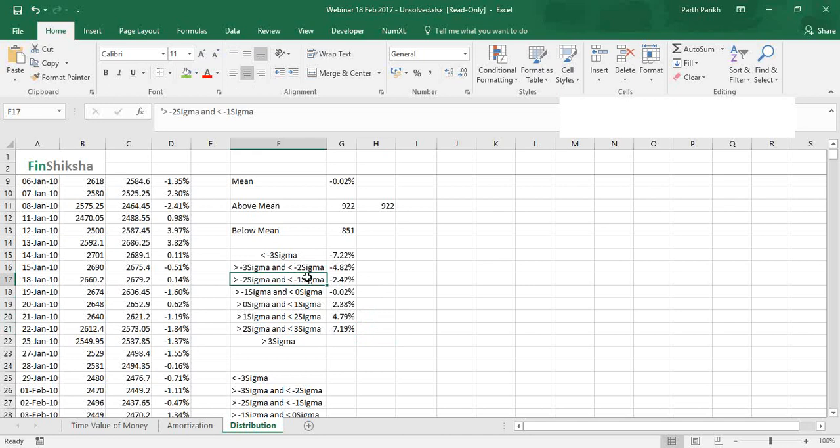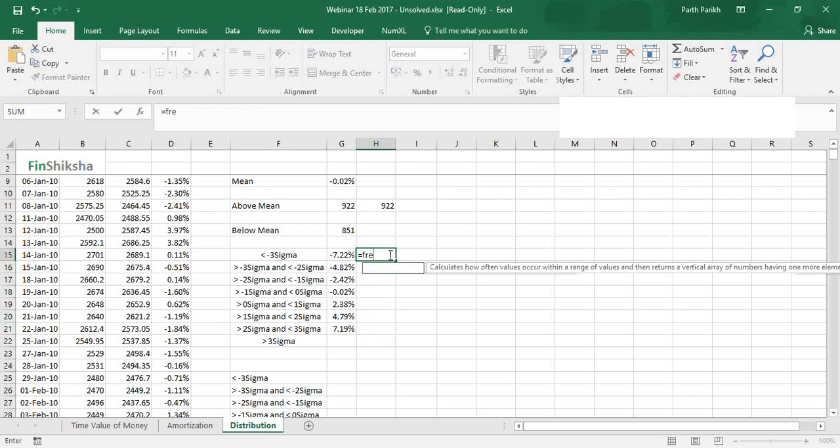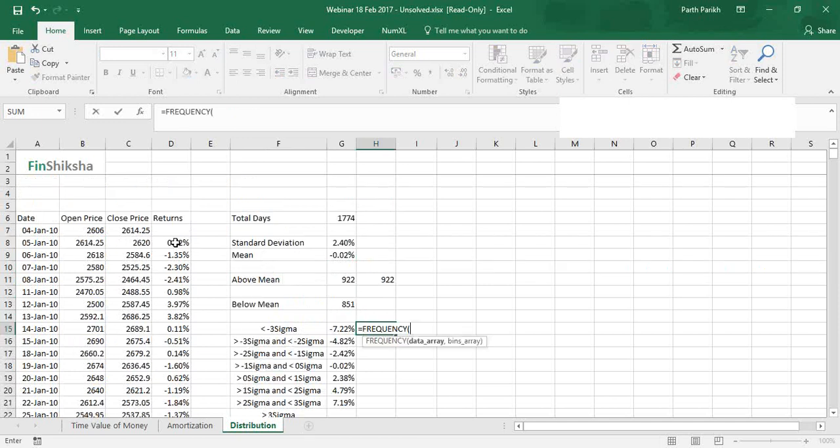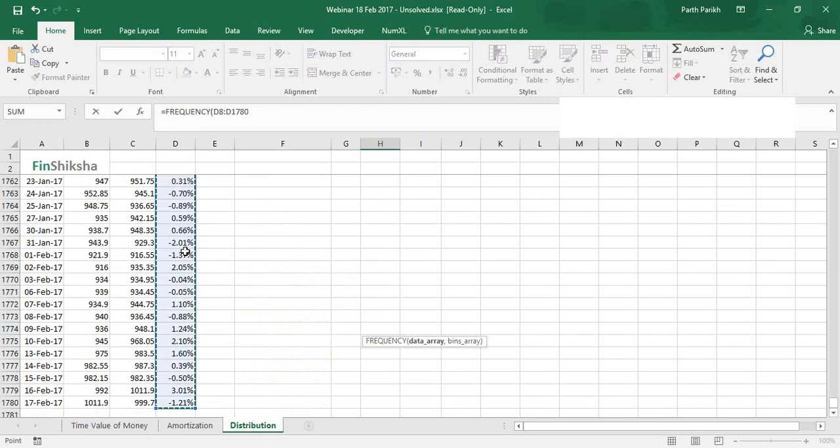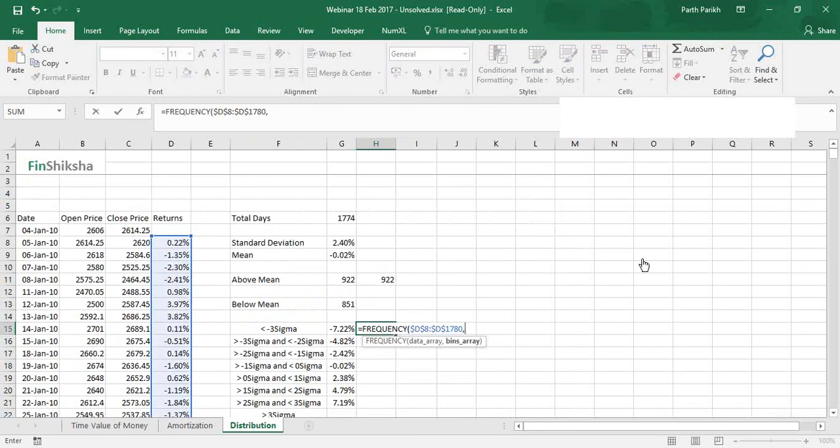So Excel has a function called FREQUENCY. It asks me what my data array is. My data array is my returns, and I will make this constant. Then it will ask me what my bins array is, meaning where I have to make the ranges. My ranges are the calculated returns, plus or minus 3 sigma.